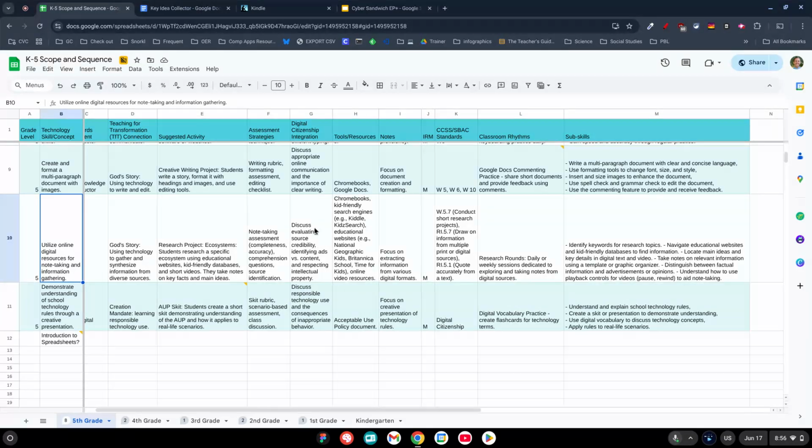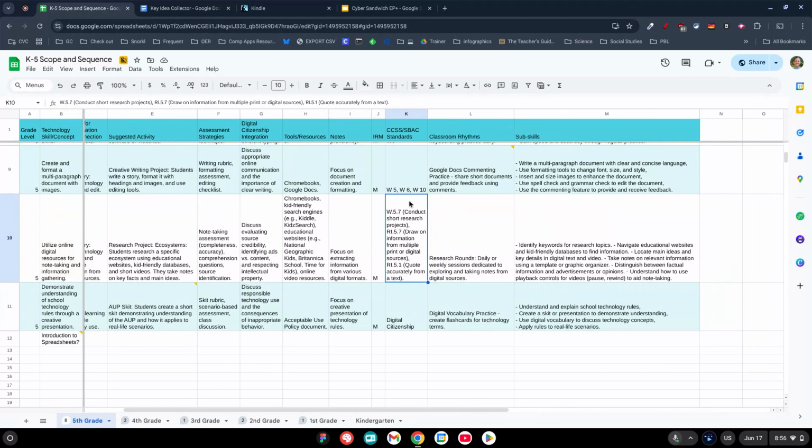When we think about the digital citizenship integration, we're really thinking about being able to identify what's a high quality source versus maybe opinion and things like that, but also being able to cite our sources to respect intellectual property.